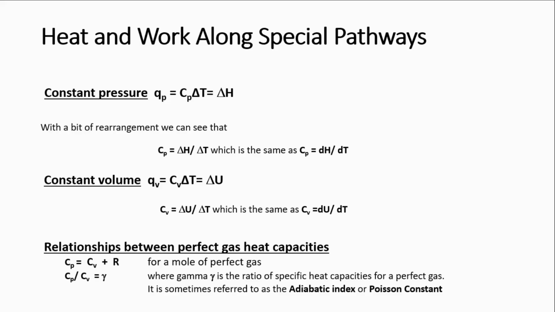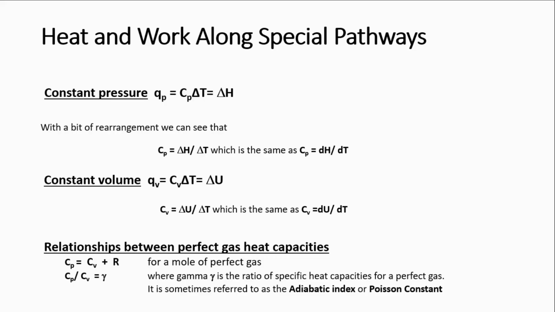Now, just some useful information here. At constant pressure, we know that Q is equal to Cp delta T, which is equal to delta H. We could rearrange that expression and we can realize that Cp is equal to delta H over delta T, which of course can be written as Cp is equal to dH over dT.